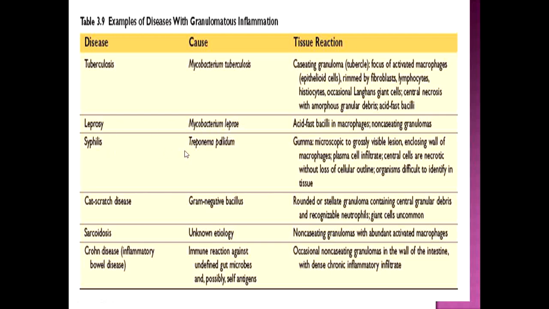Syphilis is caused by Treponema pallidum, and in this disease, microscopic to grossly visible lesions occur. In gastric disease, round or stellate granulomas containing cellular granular debris and recognizable neutrophils occur. Giant cells are uncommon. In Crohn's and sarcoidosis, non-caseating granulomas form.